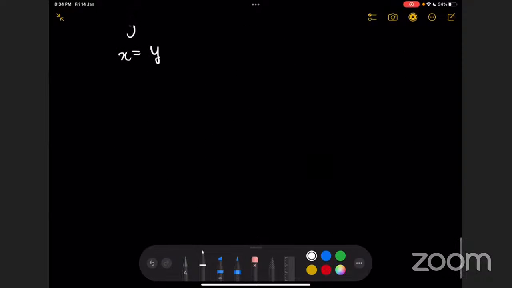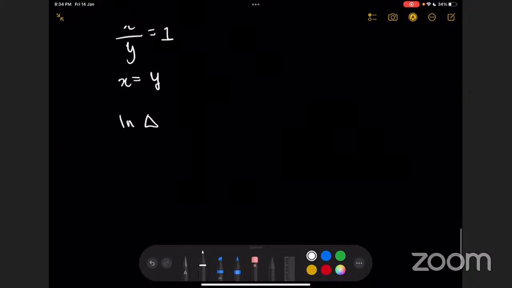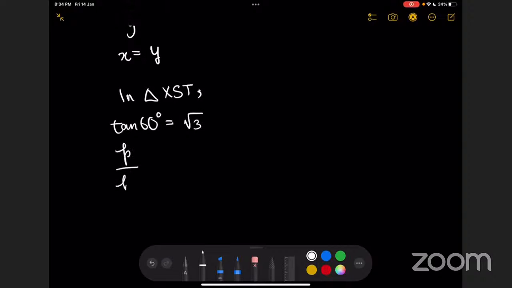In triangle XST, tan 60 equals root 3, P upon B, and the perpendicular is x plus 1.6 and the base is y.